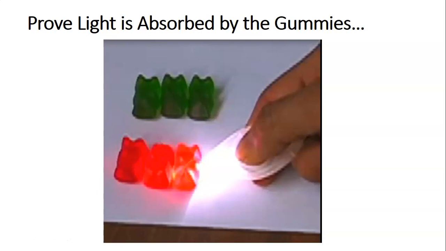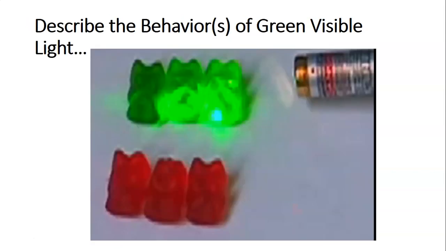So what light behaviors are you seeing regardless of the light source you're using, whether it's a laser light or a white flashlight? You're seeing all 3. And the key of this lab, guys, is that I was going to make you provide very specific evidence from your observations to prove the behavior of light.